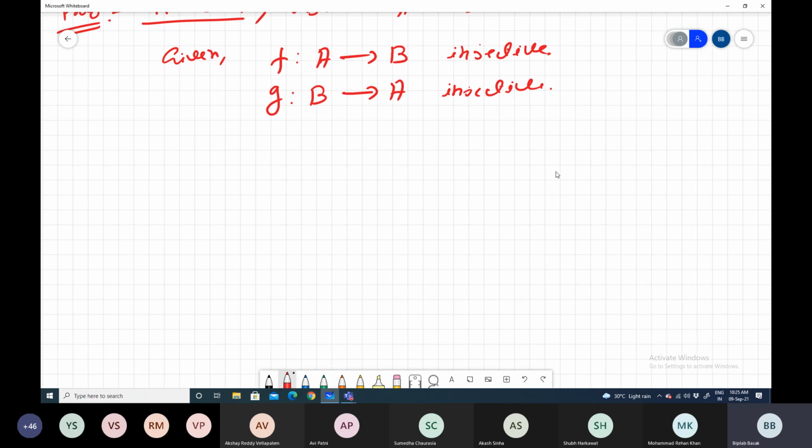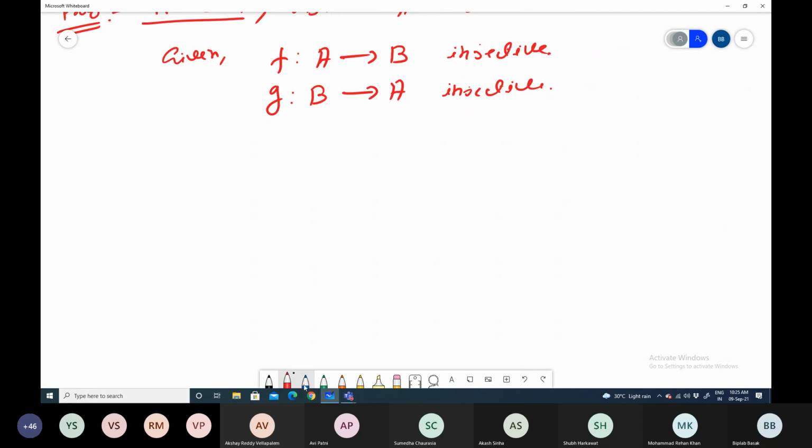Now what will we do? We take one element, choose say a from capital A. Now if you apply the map F, that will be F(a).